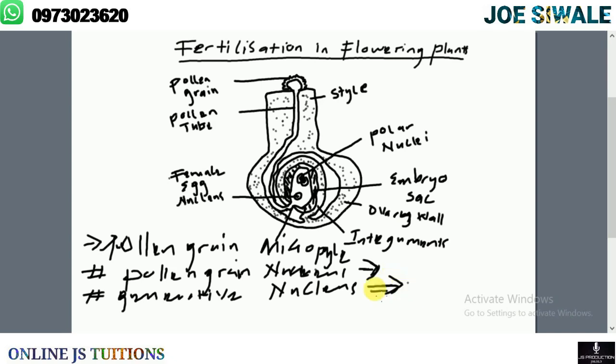The generative nucleus divides into two male nuclei before it enters the embryo sac.